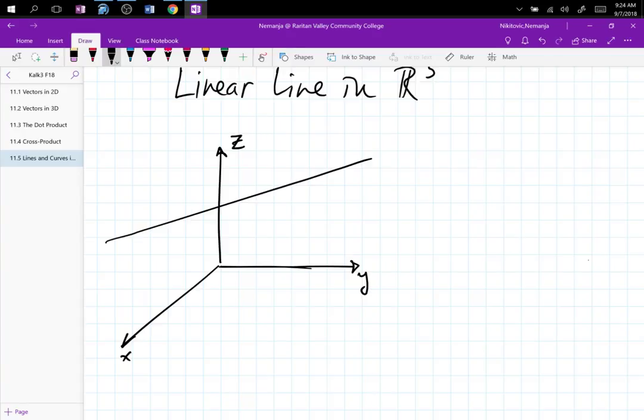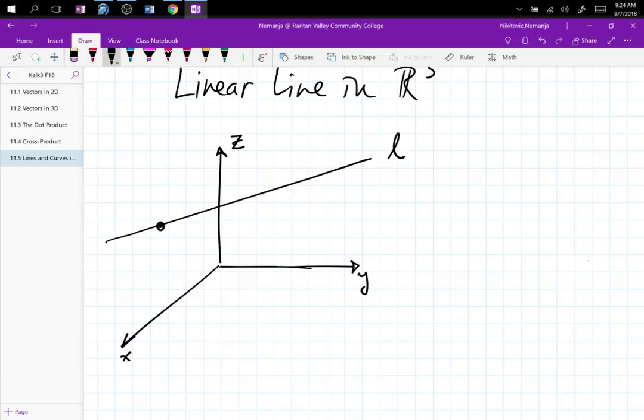So here is the line L that I want to observe and define. We know that a line in space, no matter what dimension you're talking about, is defined by 2 points.